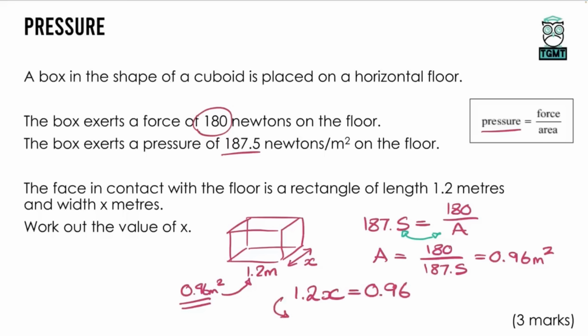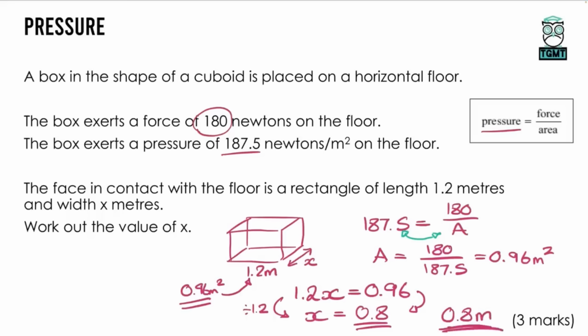To find the value of 1x, which is what we want to know, we just need to divide by 1.2. So divide both sides by 1.2, and we will have our width, and that comes out as 0.8. And there we go, that is the width of the rectangle, 0.8 metres.